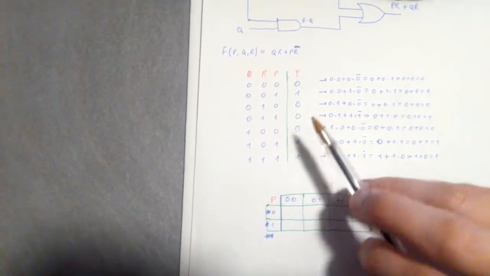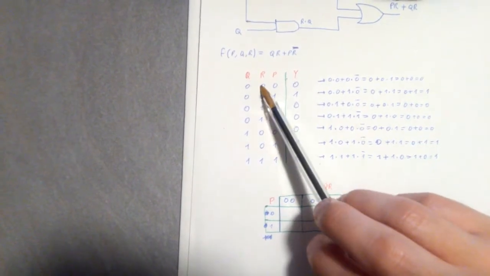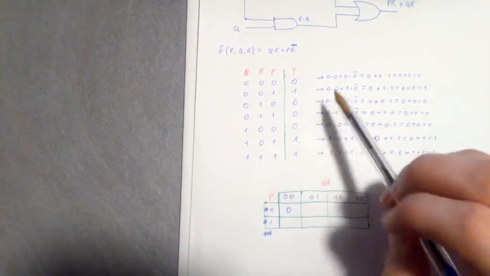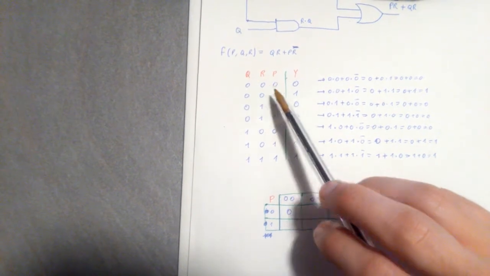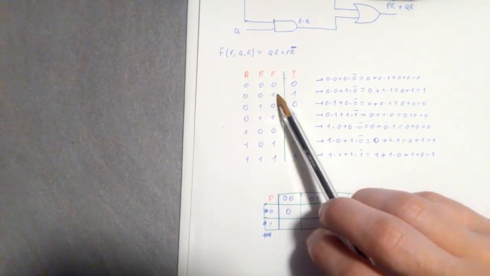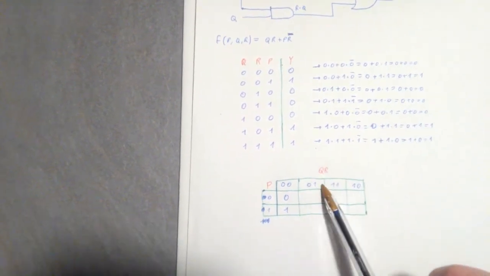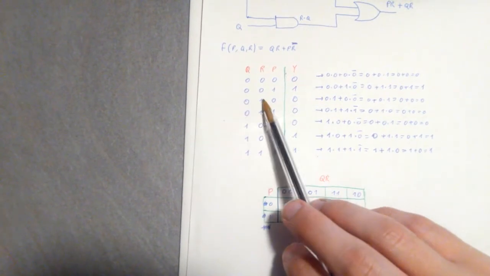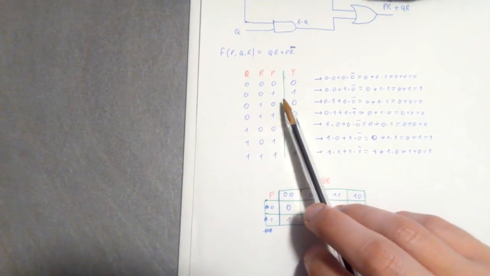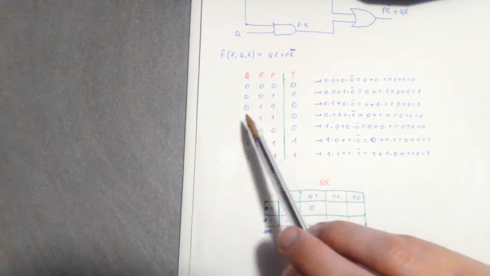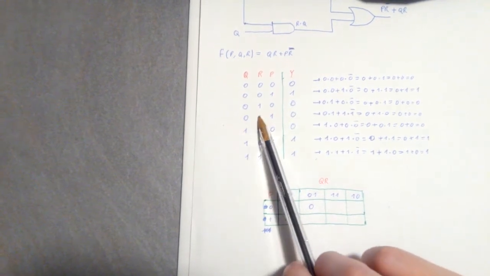So if we follow the map, when QR are 0 and P is 0, the output is 0. When QR are 0 and P is 1, the output is 1. When QR are 1 and P is 0, the output is 0. When QR are 0, 1, and P is 1, the output is 0.